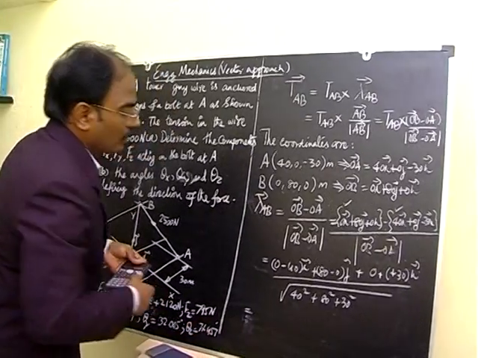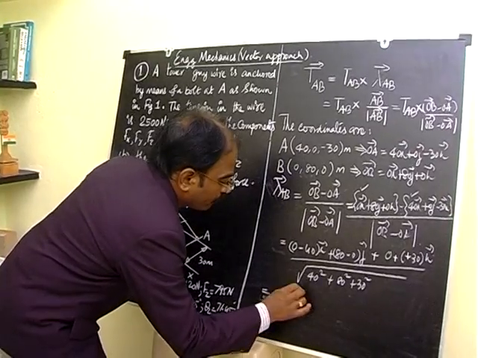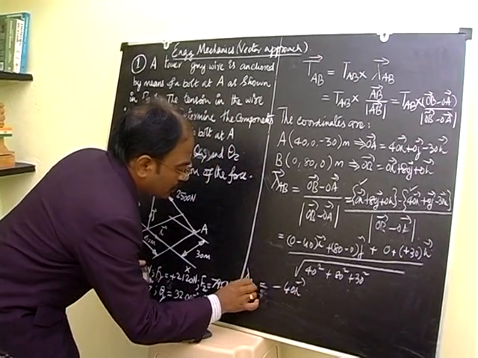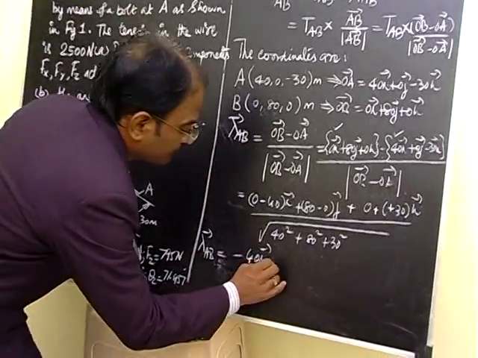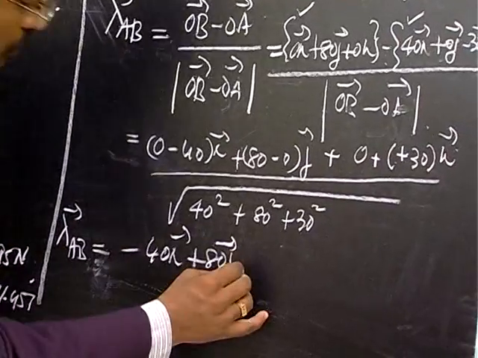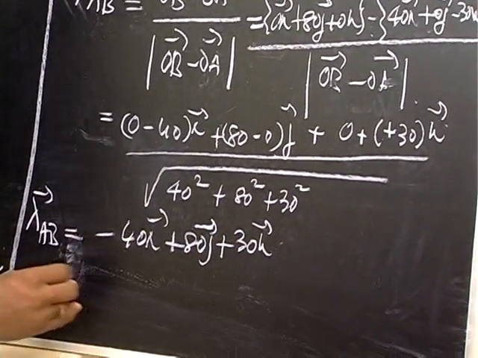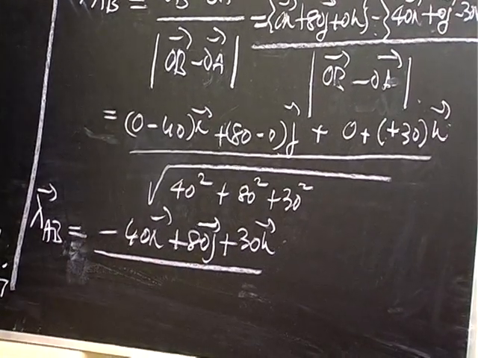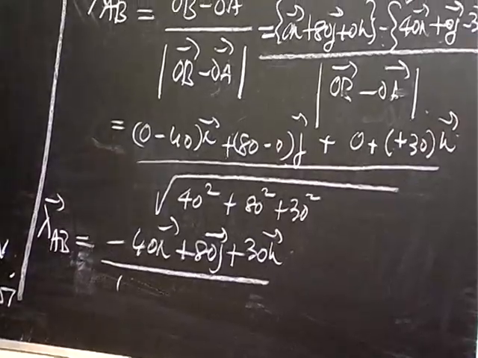Ultimately, lambda AB vector is minus 40i plus 80j plus 30k divided by this value, which can be very easily calculated.